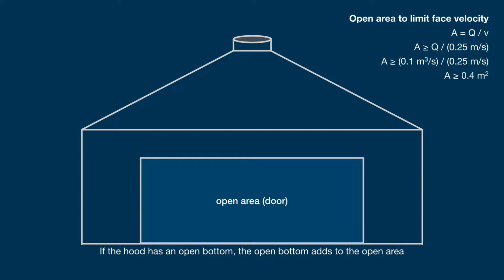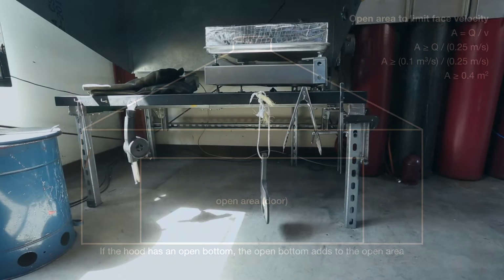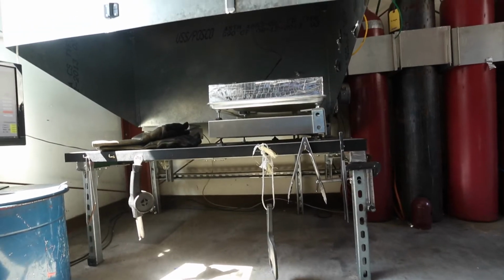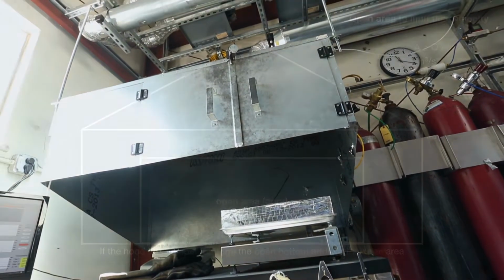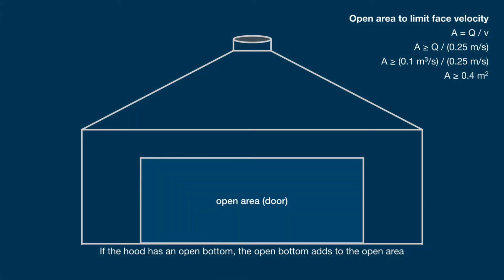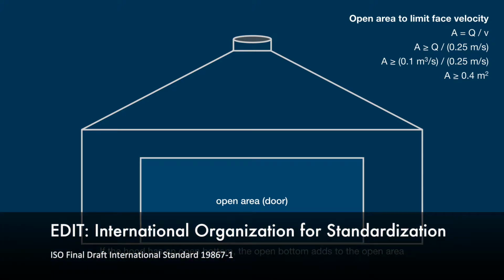The open area should be calculated when it's at a minimum, for example when hood doors or sashes are closed, or when large testing platforms restrict the open area into the hood. To calculate the minimum open area for your hood, use the equation open area equals volumetric flow rate over maximum face velocity. The maximum face velocity recommended by the International Standards Organization is 0.25 meters per second.